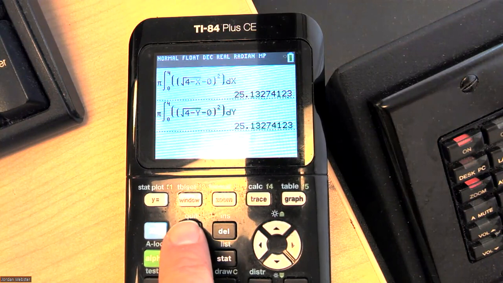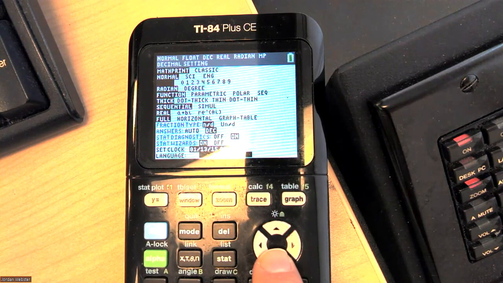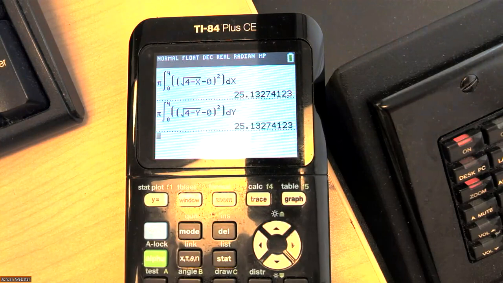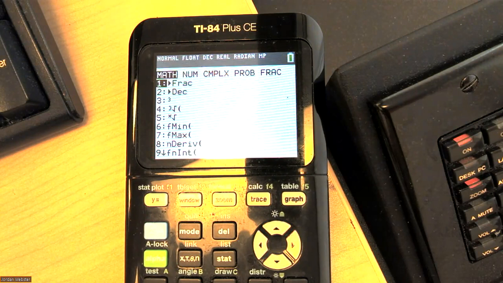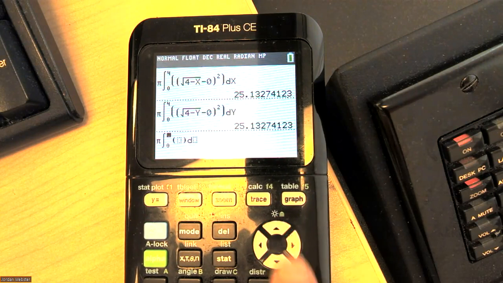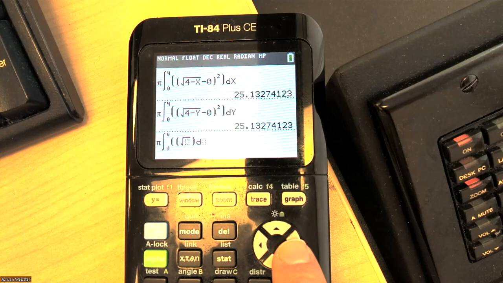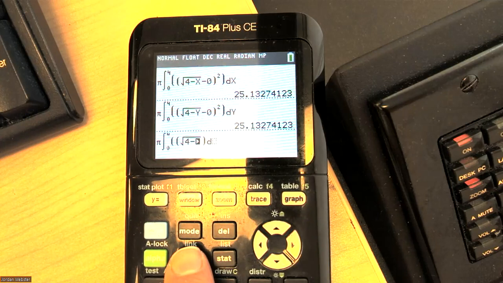And if you're in a different mode, here I'm in the function mode. But let's say you were in the parametric mode. And you hit your variable button.